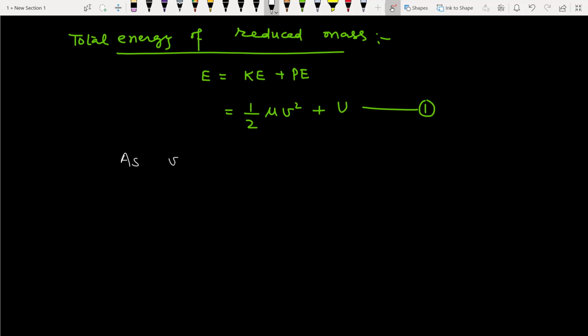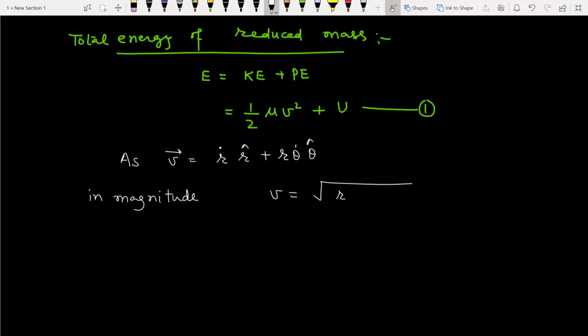As velocity is given in plane polar coordinates by r dot r cap plus r theta dot theta cap, in magnitude the velocity will be square root of r dot square plus r theta dot square. So it is r dot square plus r square theta dot square.